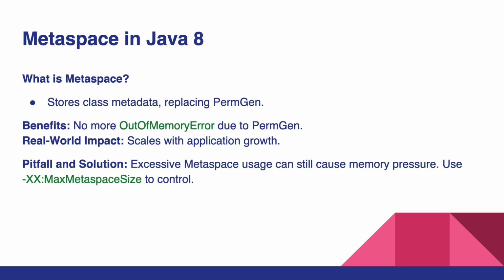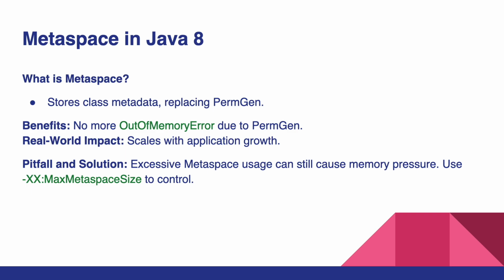Java 8 introduced the Metaspace, which stores class metadata. Unlike PermGen, the Metaspace can dynamically expand based on application needs, preventing the infamous out of memory error in PermGen. However, it is important to remember that excessive metaspace growth can still create memory pressure, as it competes with heap memory for resources.